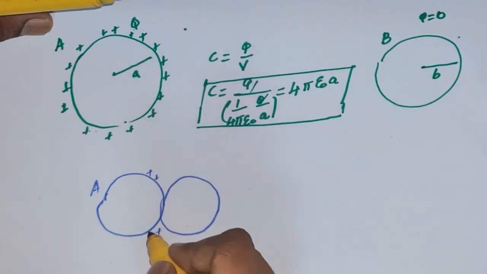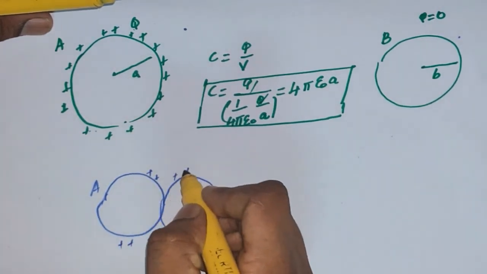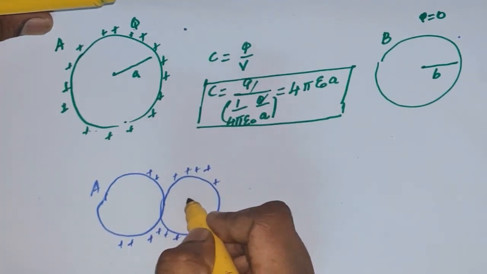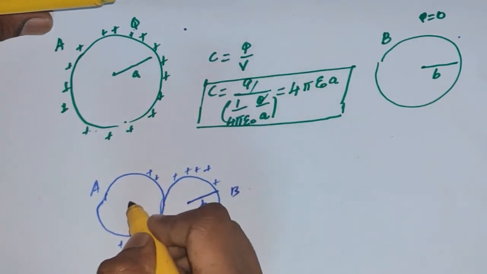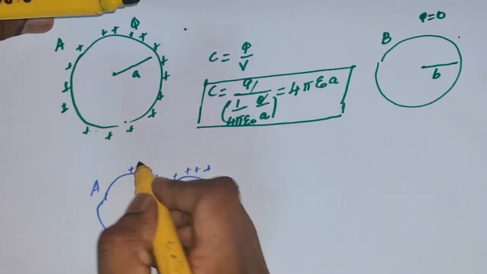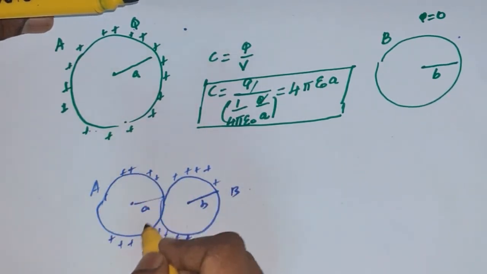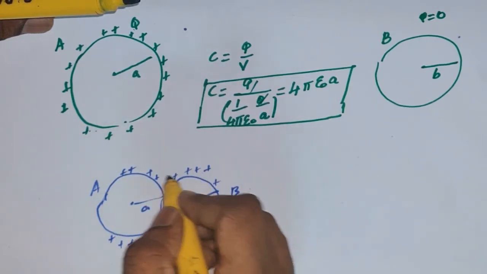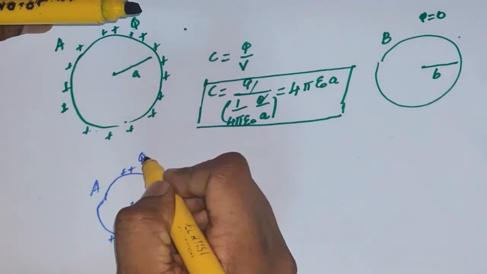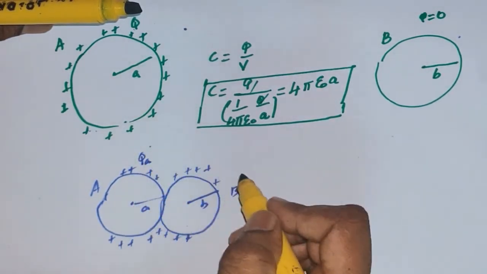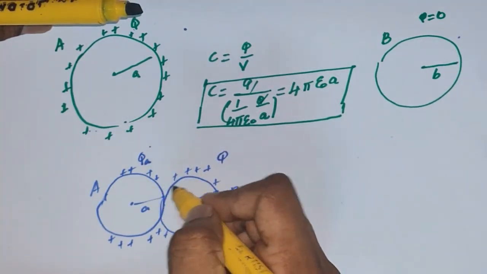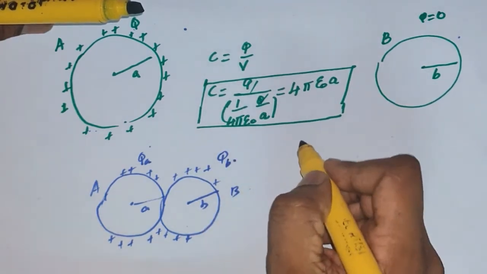If Q is positive charge, it has to distribute. If you touch the metallic sphere A of radius a with sphere B of radius b, the charge on sphere A is transported or distributed to sphere B. The new charge on sphere A is QA, and the new charge on sphere B, the accepted charge, is QB.